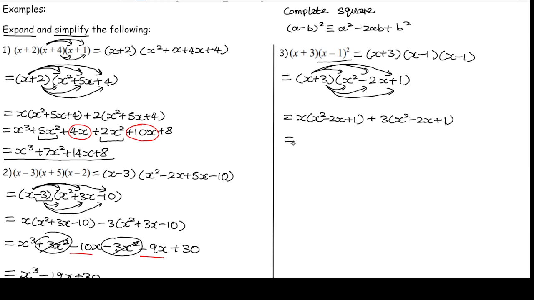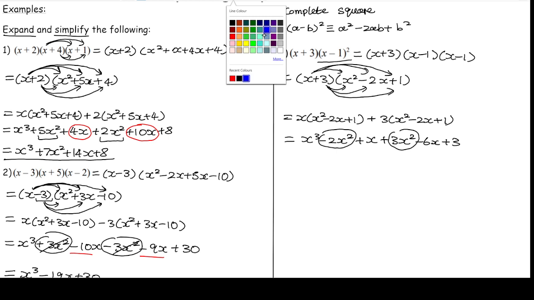And if we expand the brackets, we've got x cubed minus 2x squared plus x plus 3x squared minus 6x plus 3. Do we have like terms? Of course we do. Minus 2x squared and 3x squared. And then we have our other like term, the x and the minus 6x.